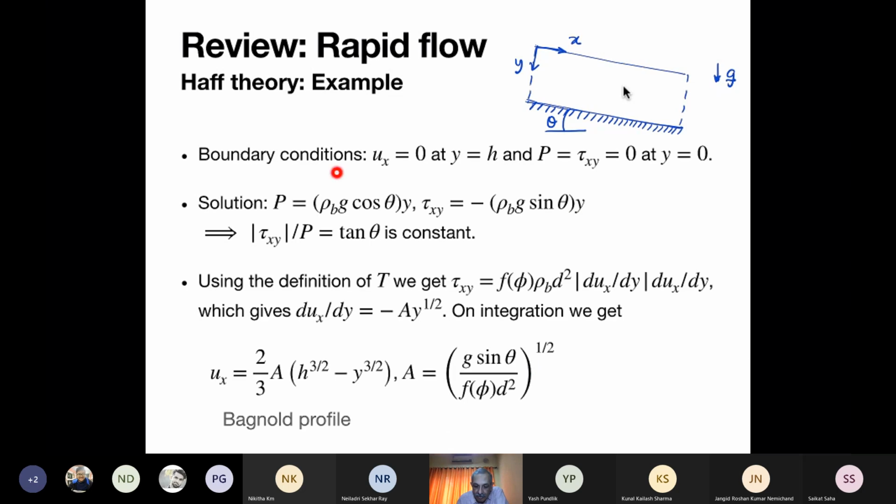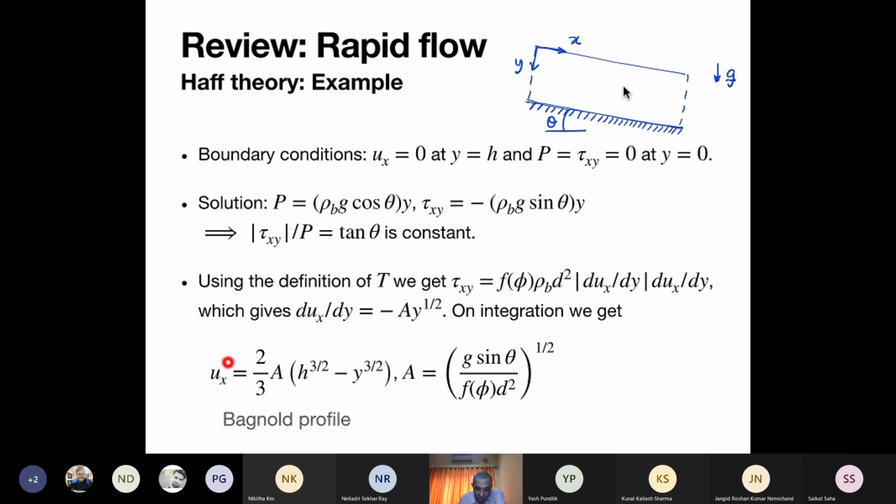And if we solve for everything, you can integrate and get the pressure profile, the stress profile, and you can get the shear stress. And then if you invert this, because we know the shear stress is given by this expression, when we invert it, you'll just get the velocity gradient is just the square root of the distance y, square root of y times a constant.